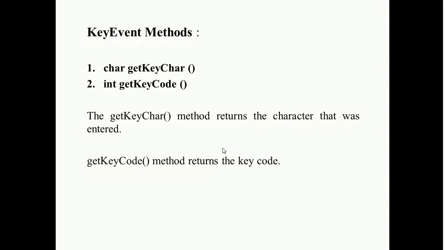And the return type of getKeyChar is char. And second method is getKeyCode. This method returns the key code, and it returns the value as an integer. These two are the methods of the key event class: getKeyChar and getKeyCode.